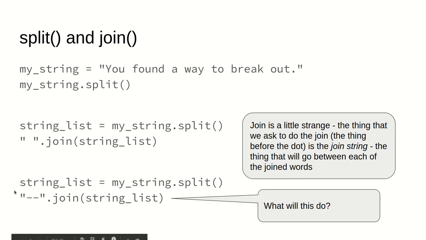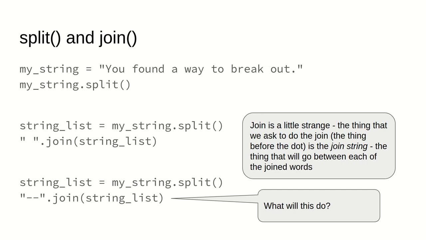On the other hand, the original example recreated the string my string, essentially, because it put the spaces back in and joined everybody together. On the other hand, I could provide other things to go in the middle. So essentially, this bottom example where I say quote dash dash end quote dot join string list inside of the parentheses, that will replace all of the spaces with double dashes.